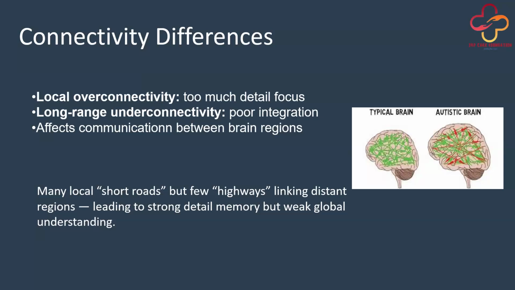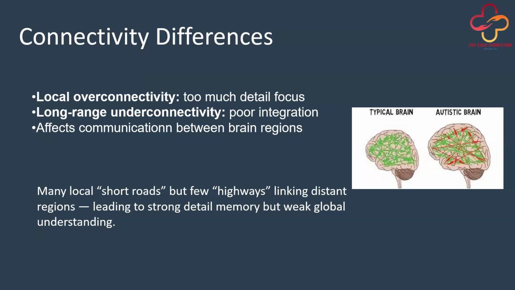So: local overconnectivity and long-range underconnectivity. Local overconnectivity brings too much detail to focus on. Autism has local overconnectivity; that's why they have too much detailed focus. And poor integration is the outcome of long-range underconnectivity. Fewer highways, more short roads.